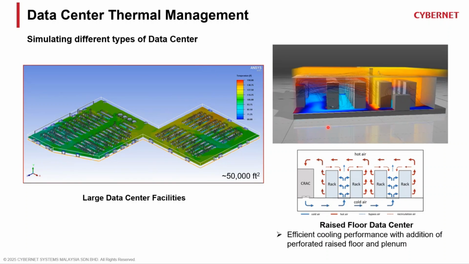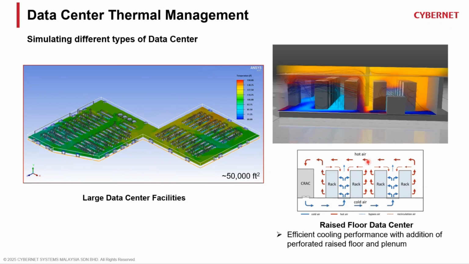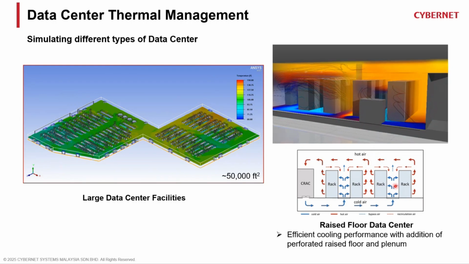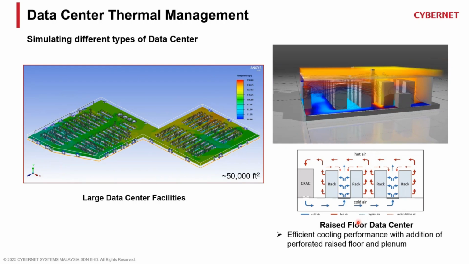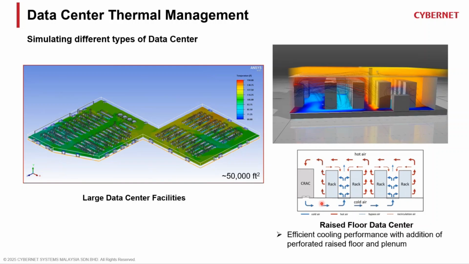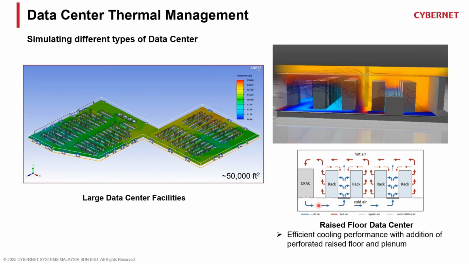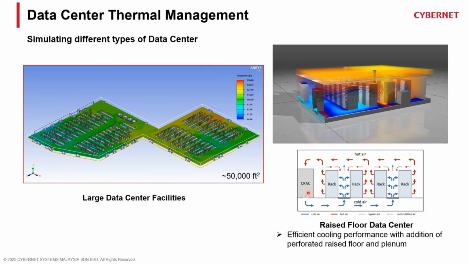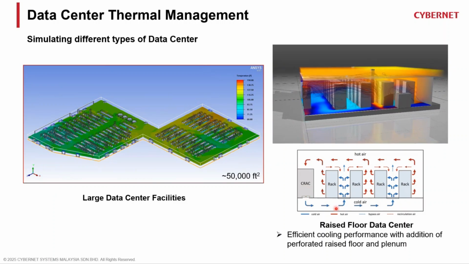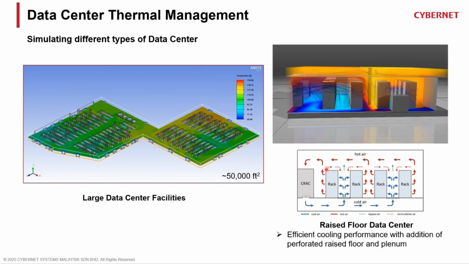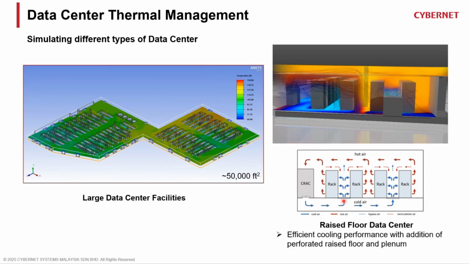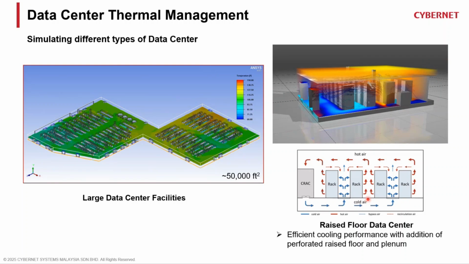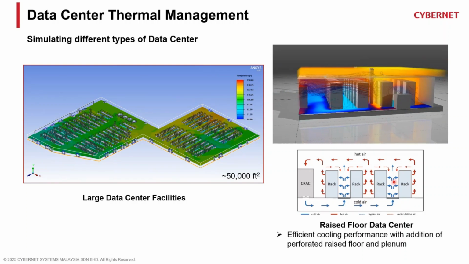And there are other types of data center. If you're in the industry, you know there's the raised floor data center as well. Basically the cold air from the room aircon unit is going to blow from the bottom. With a raised floor, your rack is going to be here, and the raised floor has perforated plates with small holes that allow the air to come out.